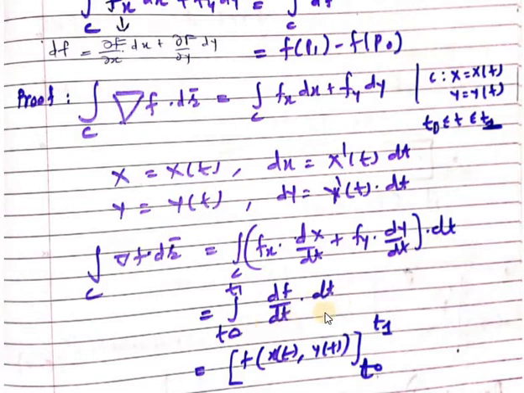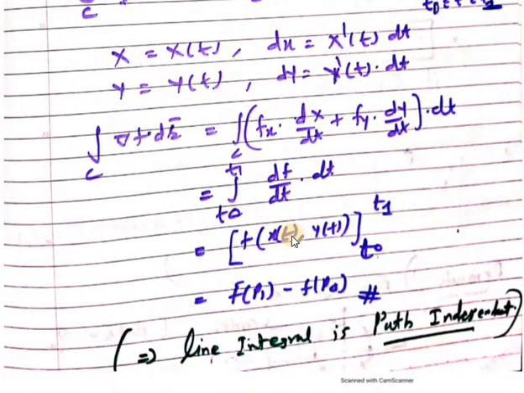If we integrate with respect to t, what do we get? As we know, integration and derivative are inverses of each other. So we get f of x of t, y of t, evaluated from t0 to t1. When we put t equal to t1, we get f of x of t1, y of t1.